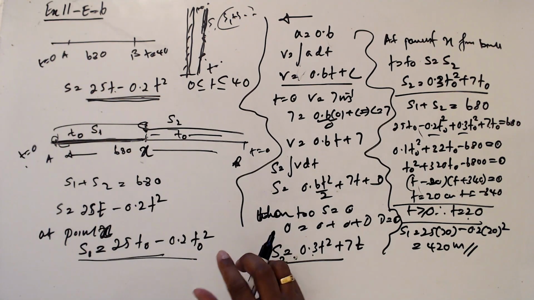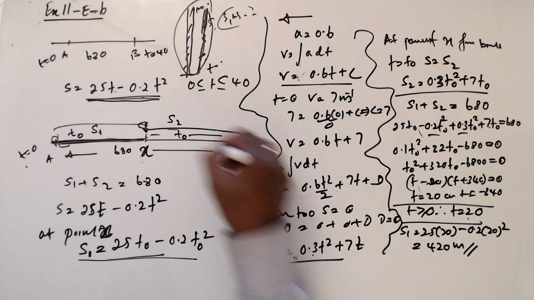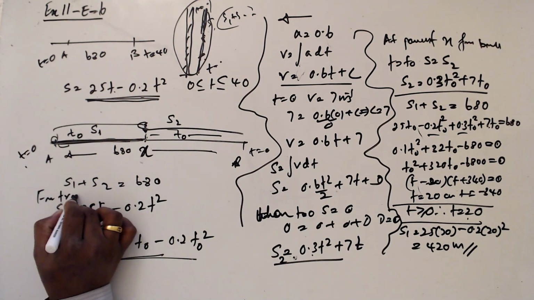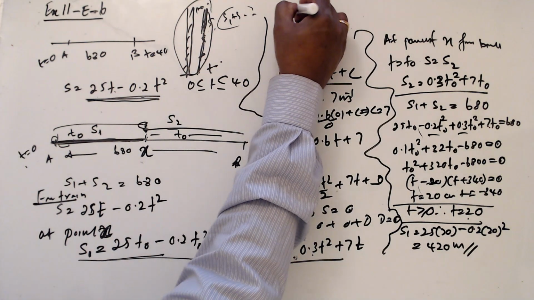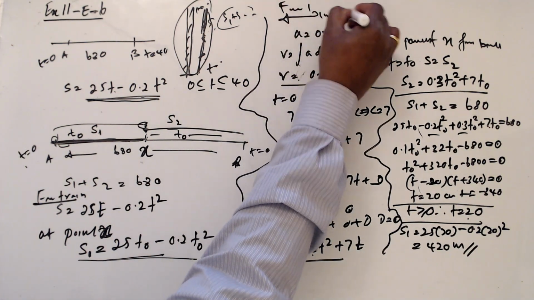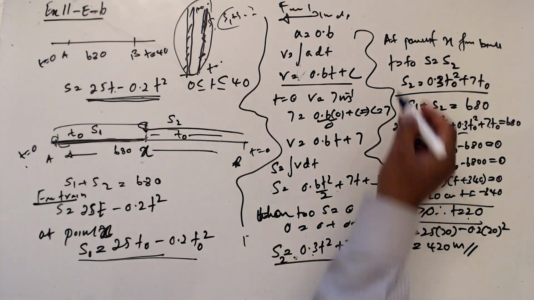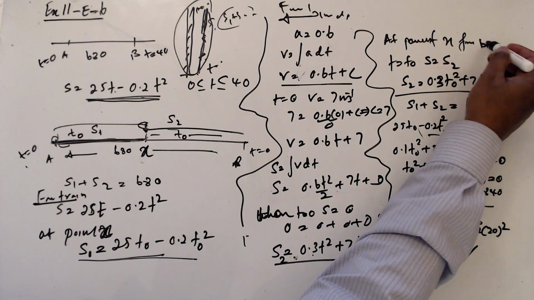So the same thing, now this is horizontal, this is vertical, but this sum is horizontal. This is for the train, and we found this is for the bird. At point X for the bird.